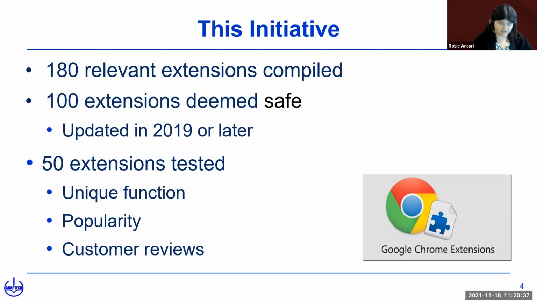There might be 1 or 2 exceptions if it's a unique extension, but in general, if they had not been updated in the last 2 years, or if they were deemed unsafe or risky to download, then they were taken out, which left us with about 110. And to date, we have picked 50 to download, to try out, to test out. Those were picked based on price, based on popularity, and based on unique features.